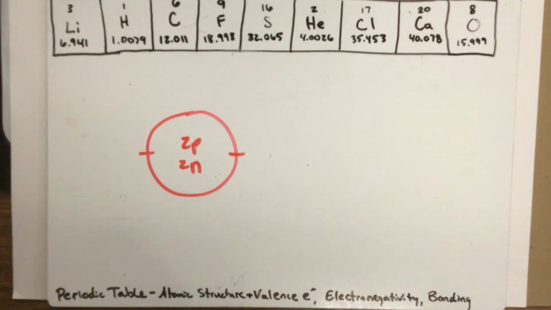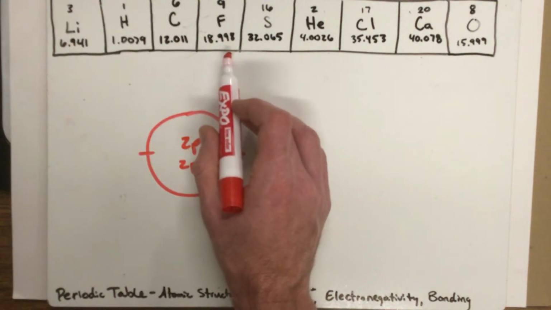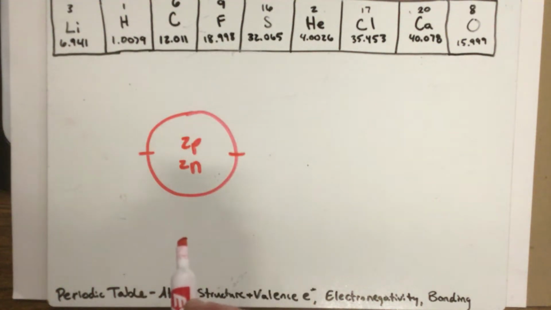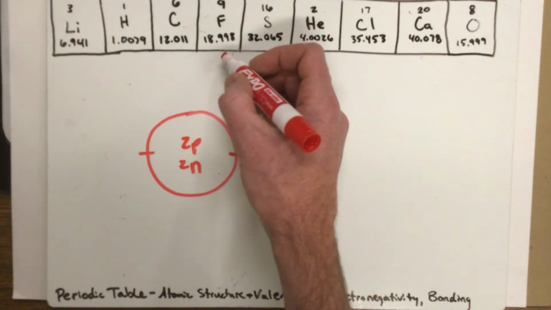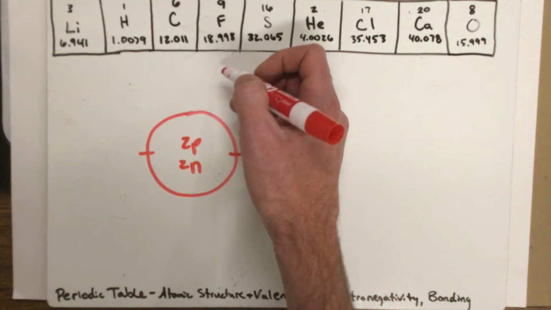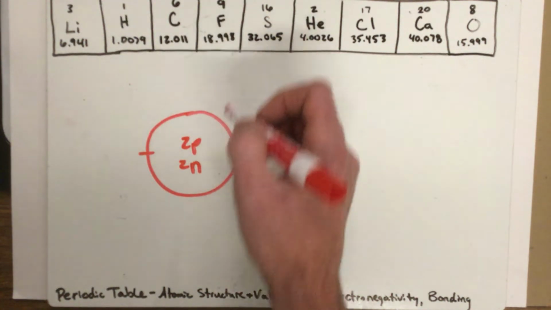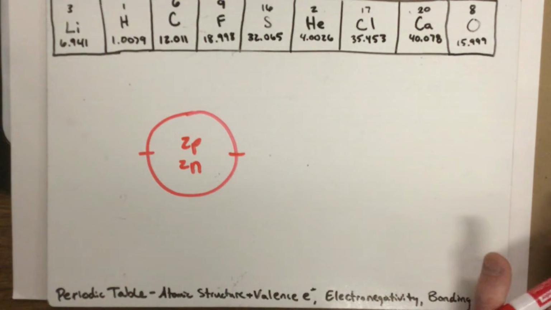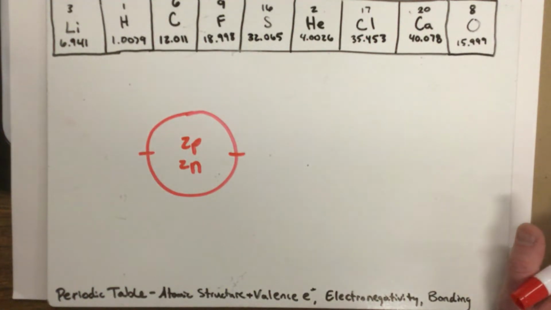When they don't have a filled outer shell, like fluorine, they're quite unstable, and they will react with other elements to fill that shell, or to lose that outer shell entirely. It is the valence electrons that determine how much a chemical is going to react with other chemicals. So, helium is called a noble gas. We say it's inert. It basically just doesn't react with anything. It's just super happy by itself.